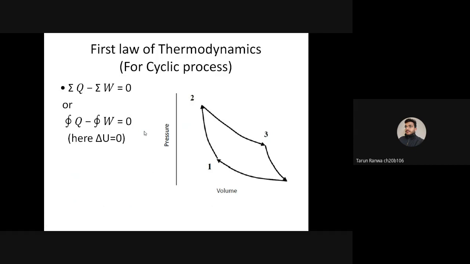Now let's discuss the first law of thermodynamics. For a cyclic process, we can write the first law: summation of Q minus summation of W equals 0. In a cyclic process, the change in internal energy will be 0.